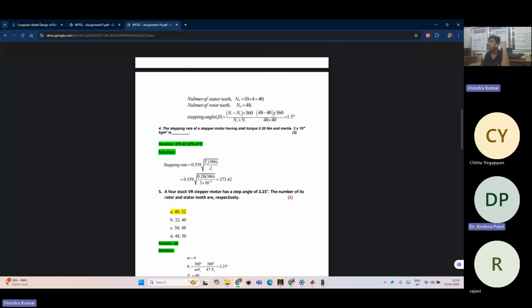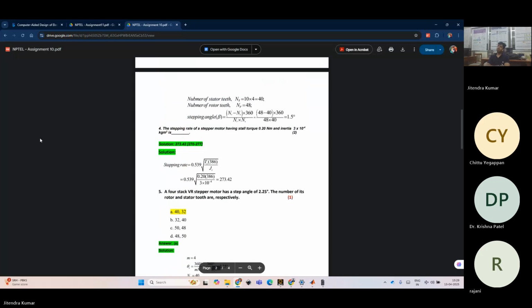I didn't know how I got 8.646. It is given into 386. It might be a calculation mistake, I guess. Right, Chitu? This answer is correct.